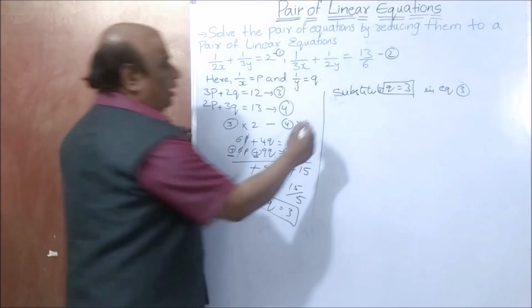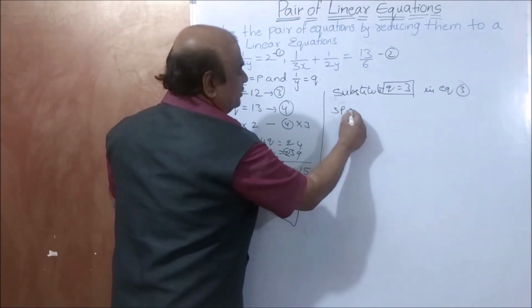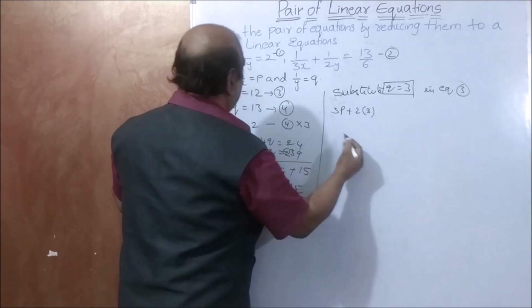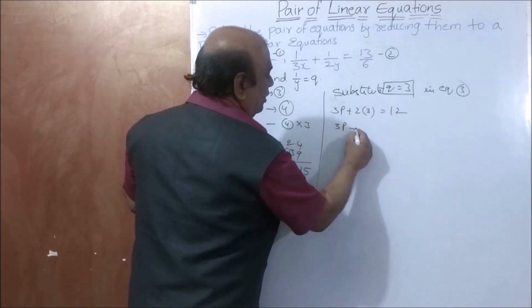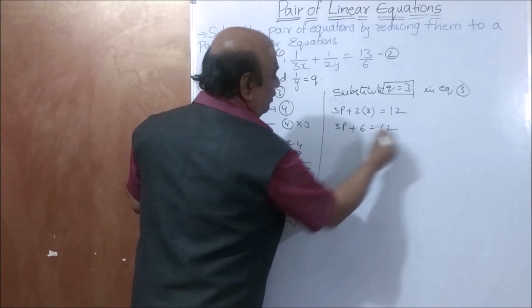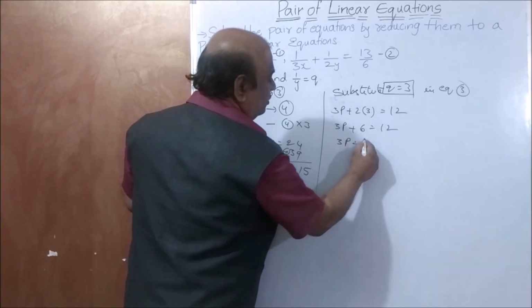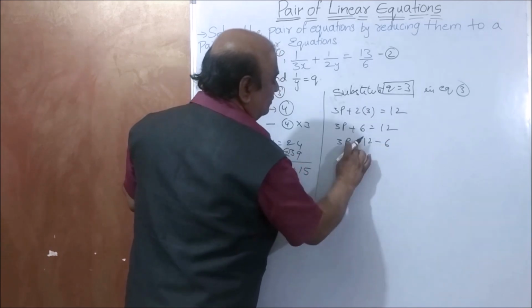So here 3p plus 2 into 3 is equal to 12. 3p plus 6 is equal to 12. 3p is equal to 12 minus 6.